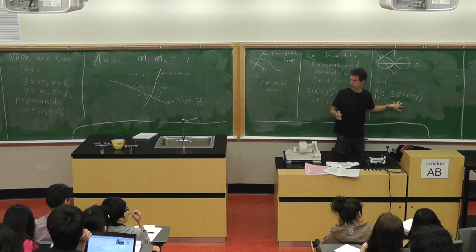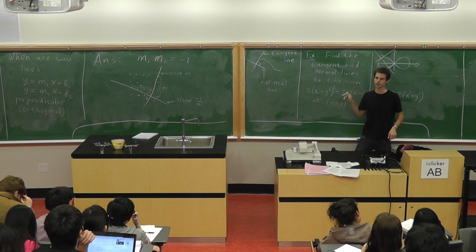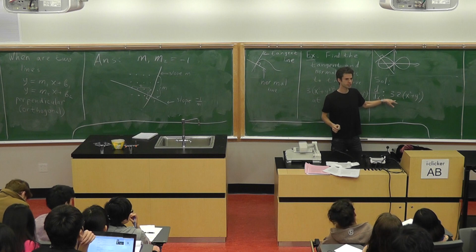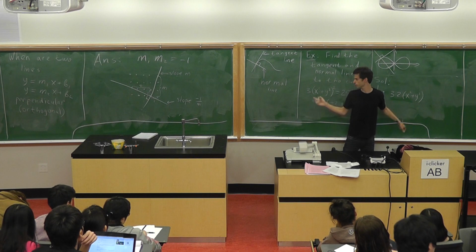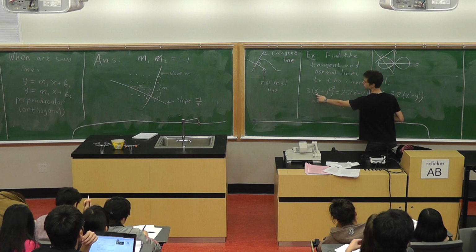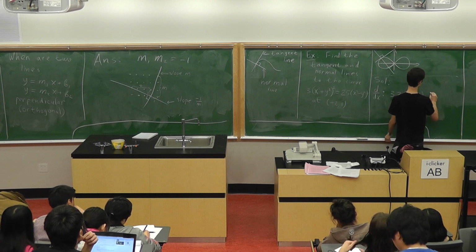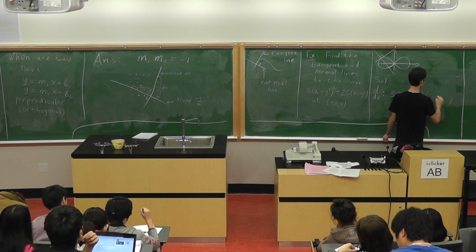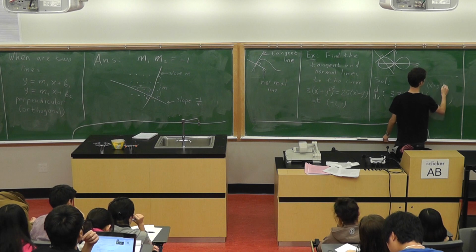Okay, so I'm trying to differentiate this expression. 3 times something squared. The derivative is, well, 3 times 2 times the argument, times the derivative of the argument itself. So times the derivative of this expression, x squared plus y squared. So I want to find the derivative of x squared plus y squared.